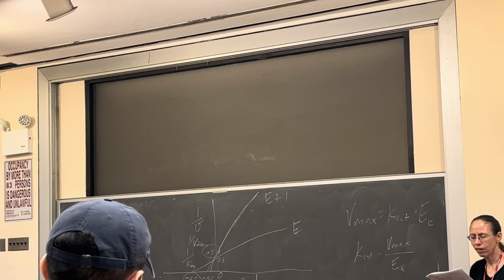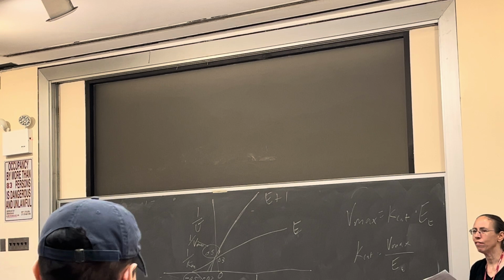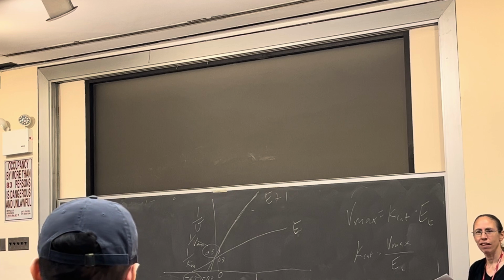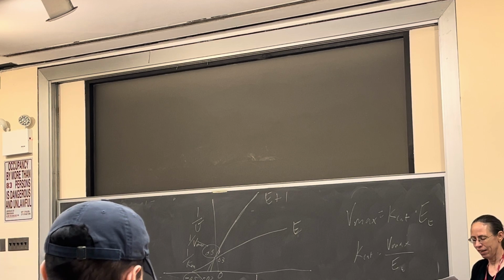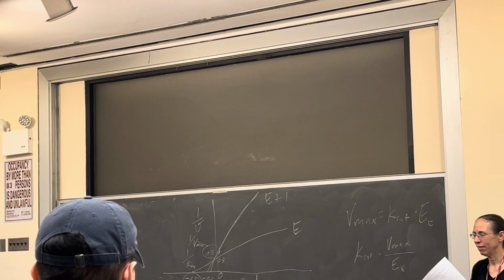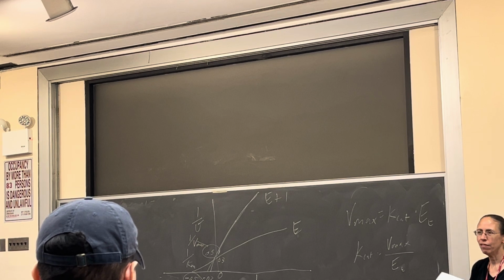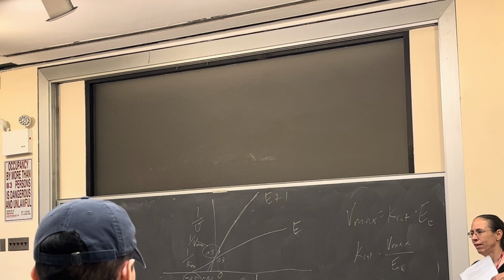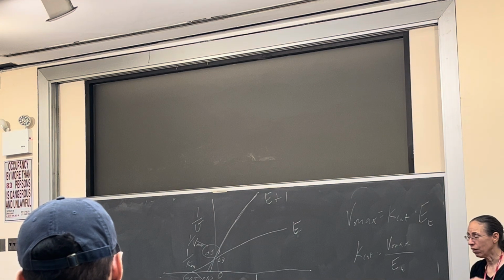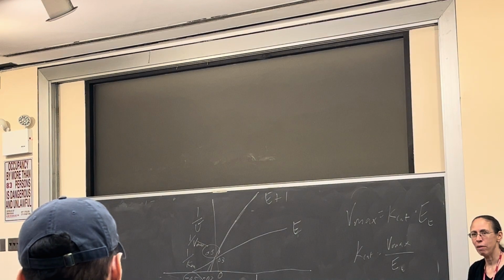Were you successful in designing an inhibitor that binds to the active site of your doom scrolling enzyme? The answer is not entirely. A competitive inhibitor should change the Michaelis-Menten constant, but it should not change Vmax.